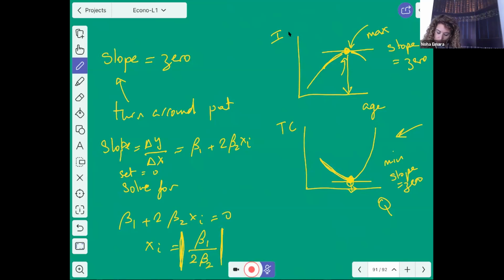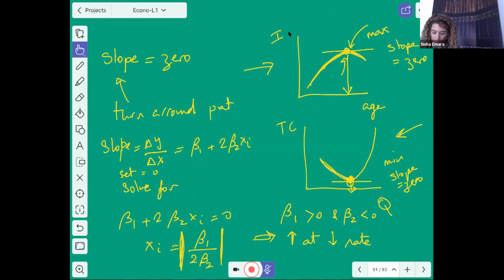If beta 1 is positive and beta 2 is negative, then this relationship is increasing at a decreasing rate, like here. I have an inverted U-shape relationship, and I can have a maximum.